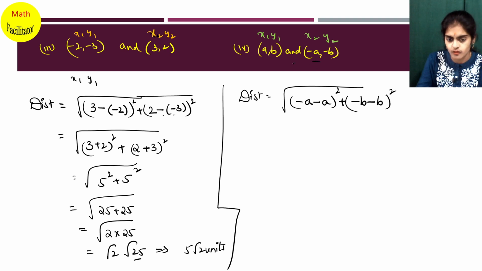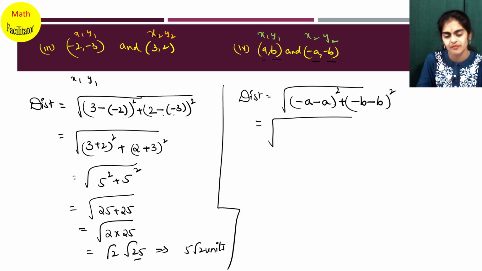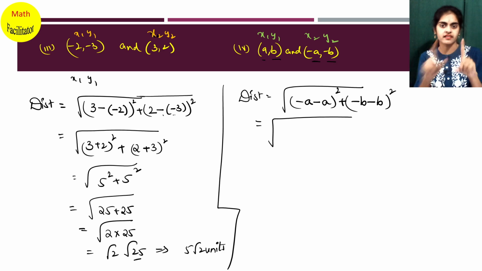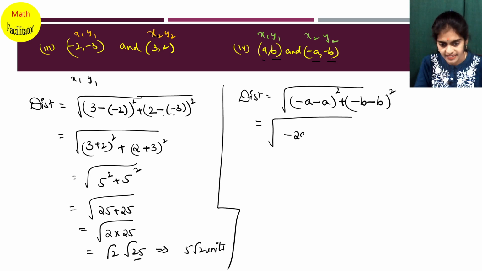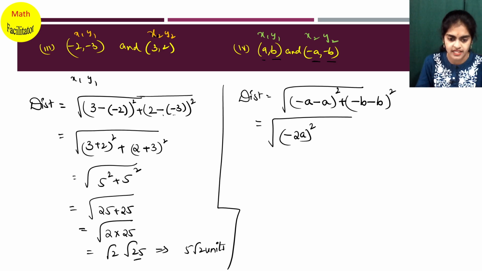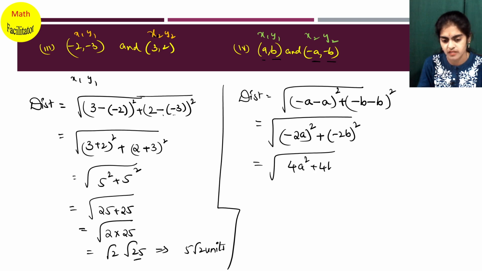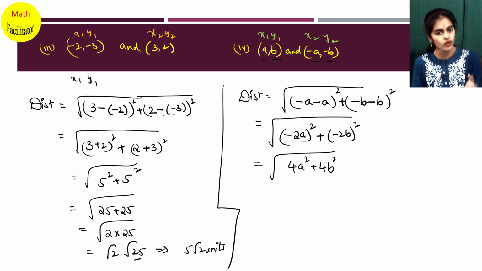This is equal to root over minus a, two negatives, so you will add and write a minus sign. So it is minus 2a square plus minus b is minus 2b square. So if I square it, it is 4a square plus 4b square because minus 2 whole square is 4 and it is a square, and plus minus 2 whole square is 4 and b square.